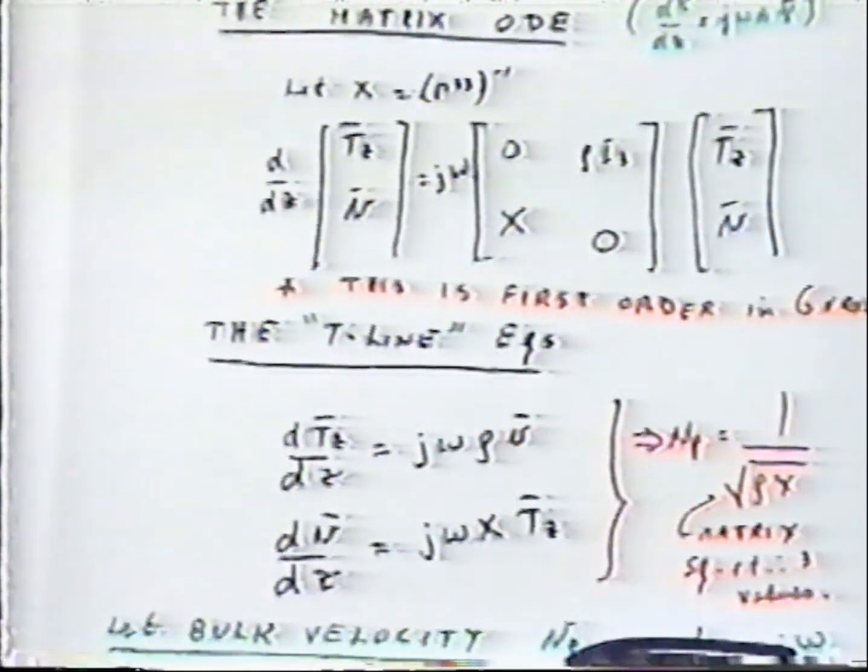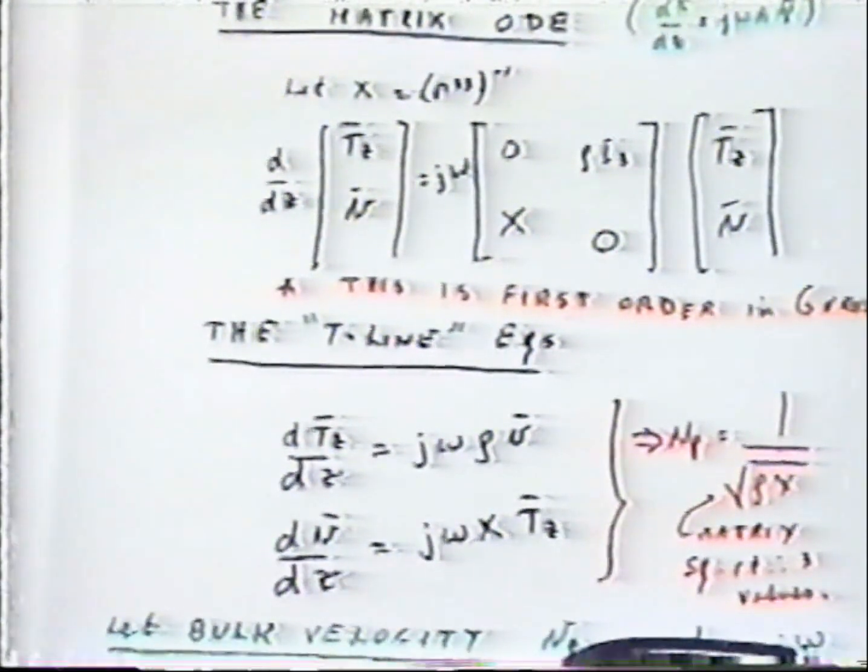And if you see on my transparency, the phase velocity is 1 over root rho x. It's got the same algebraic structure, but you have to be careful now because now x is a matrix. Okay, and I'll come to that in just a moment.